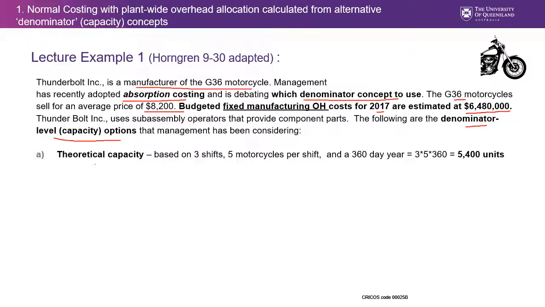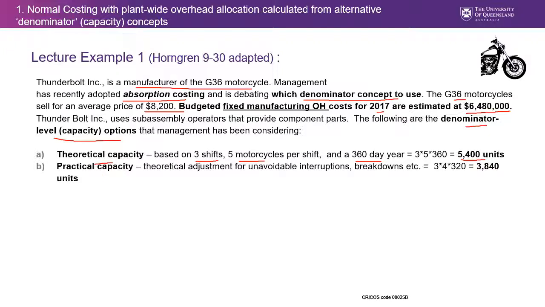So theoretical capacity, that's what they could produce if they never broke down, if they were efficient at all times. Based on 3 shifts a day, 5 motorcycles per shift, and working 360 days per year, they could produce 5,400 units.